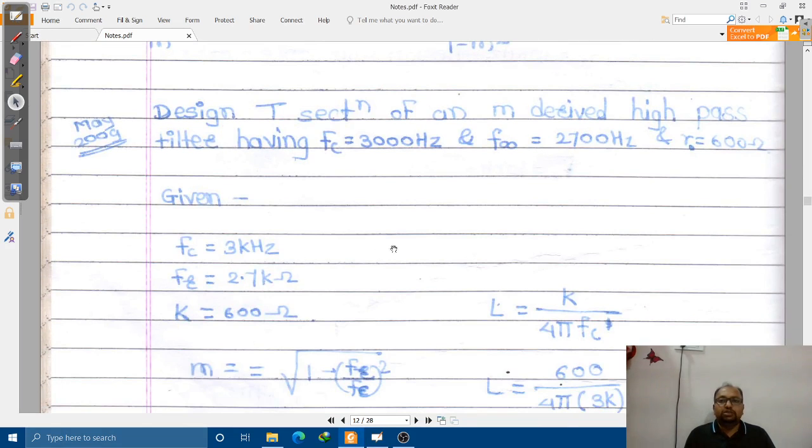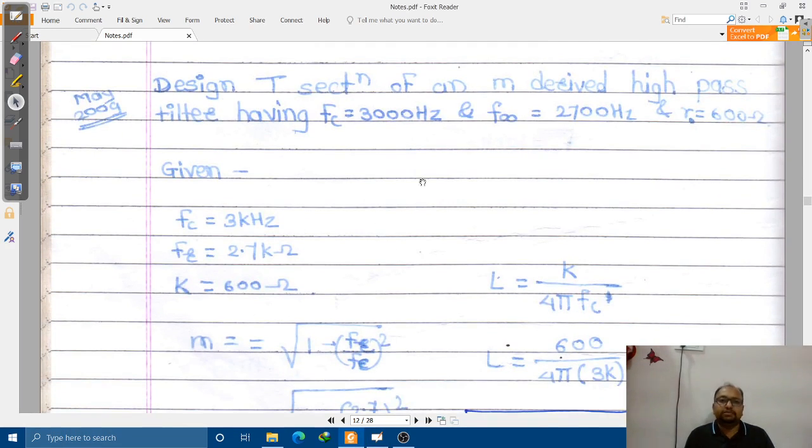So this is another problem that you can solve as an assignment. You just write it down. Design a T section of an M-derived high pass filter having the cutoff frequency as 3000 Hz and f infinity. Now just remember that f infinity is your resonant frequency, and that is 2700 Hz, and sometimes it may be represented as R0.